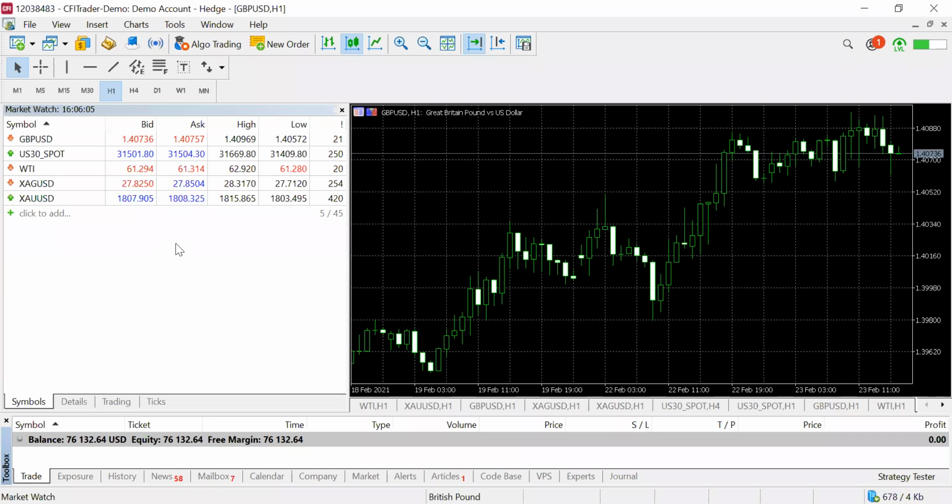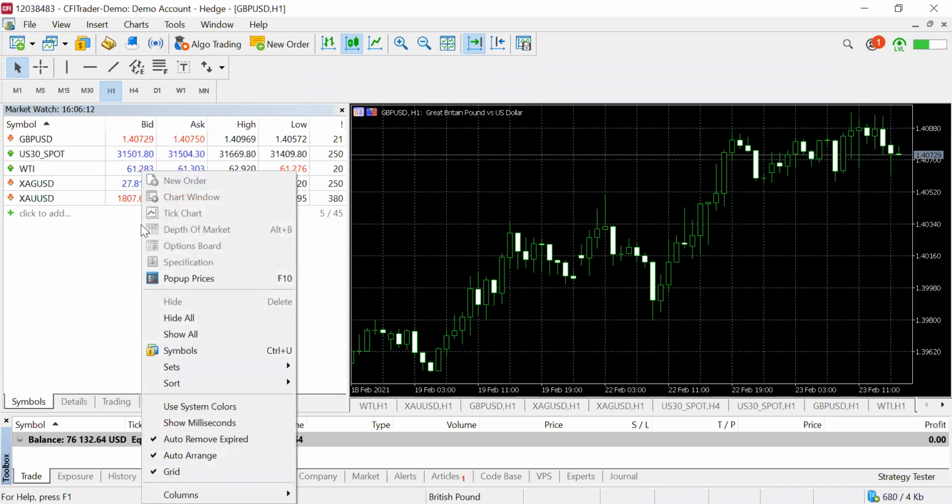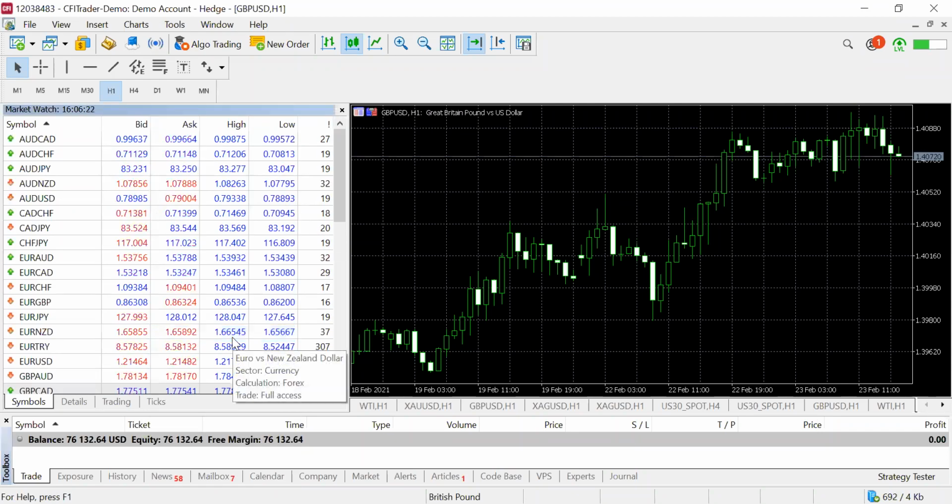If you want to add more symbols, the simplest way is to right click, and you have this table with a few options, and all you have to do is click on show all, and then you will see pretty much all the symbols that you can trade on the MT5 platform, or obviously with your current account, in this case with CFI, all the products that you can trade with us.